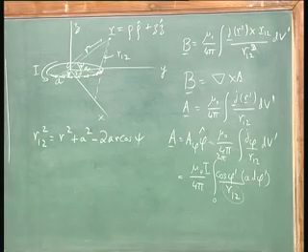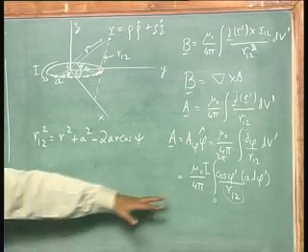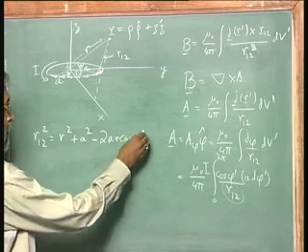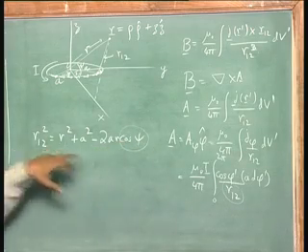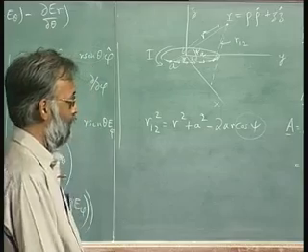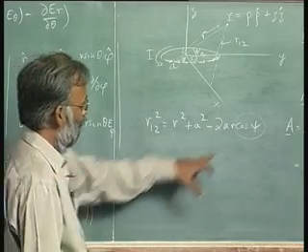The problem is very straightforward, except we need to know cos phi. If we can calculate cos phi, we can substitute it in there and we can write down the integral. But what is cos phi?